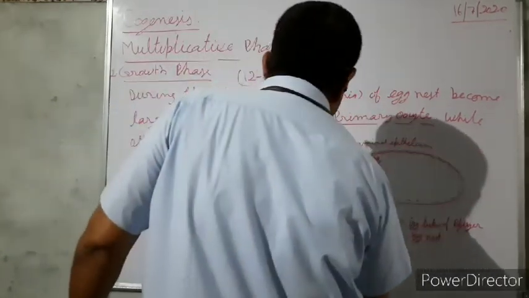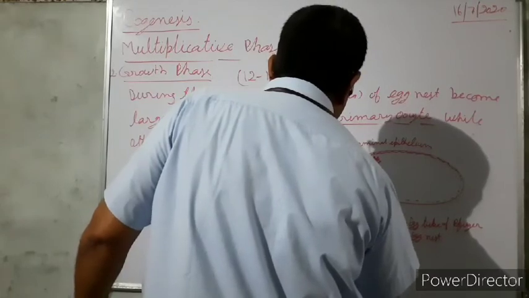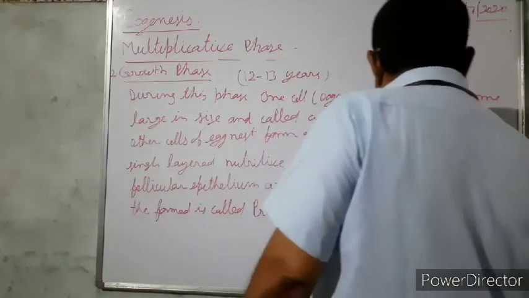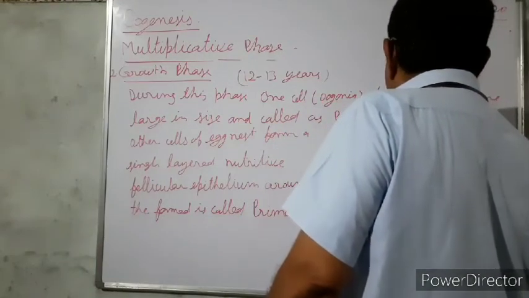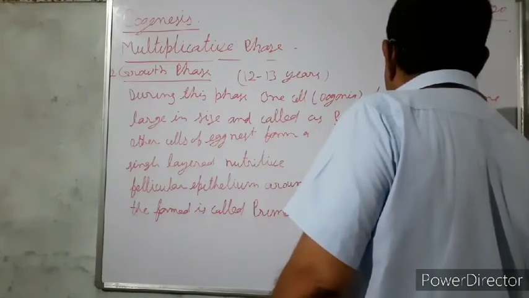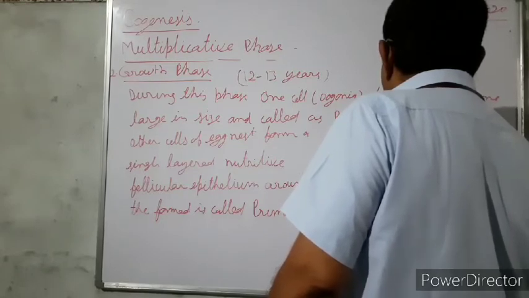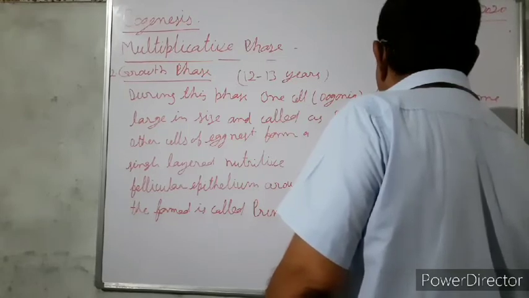Here one cell is large in size and other cells surround it and form a structure.